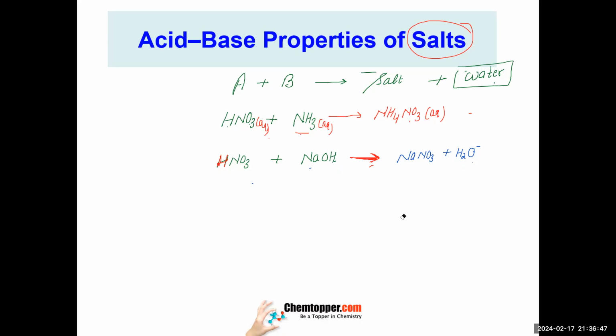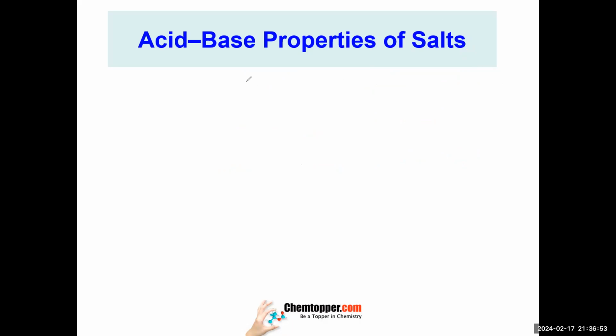My question is getting reversed. Ready? So there is a salt, NaF. Can you tell me which acid reacts with which base to give you this salt? Can you identify the acid and base here?